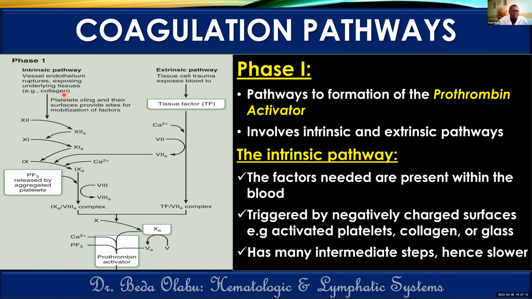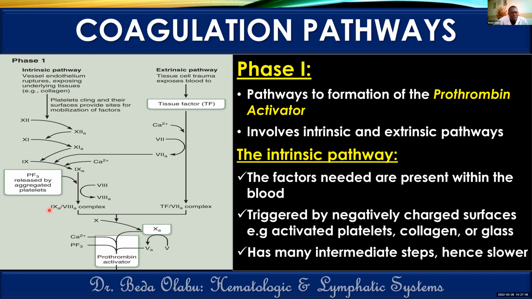You can see here, when a vessel is injured, there are tissues which are exposed, but look at the mechanism, the factors which are involved there. We see factor 12 being activated, 12 activating factor 11, 11 activating factor 9. The activation of factor 9 requires other things as well, but fine. Once factor 9 has been activated, there is involvement of factor 8.